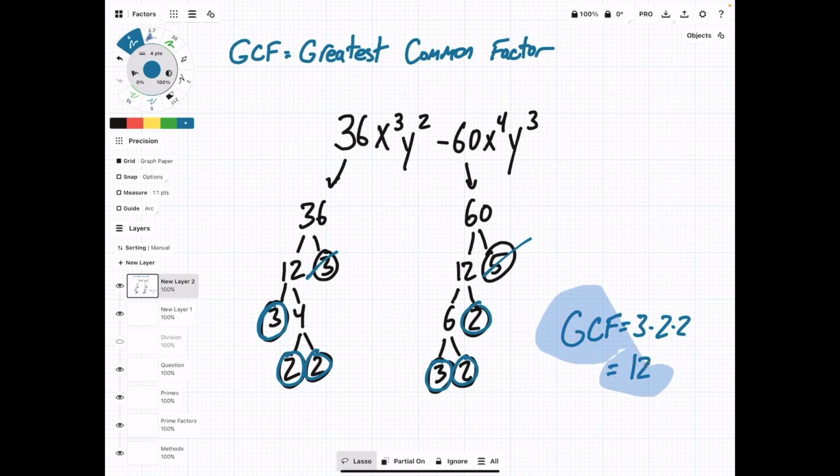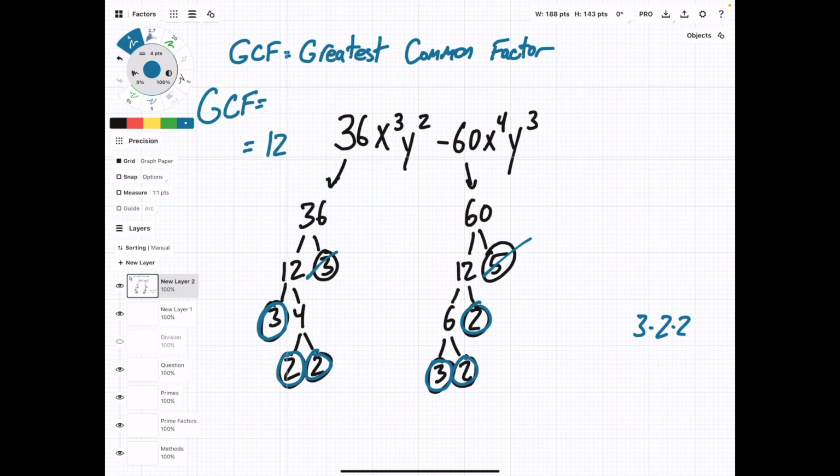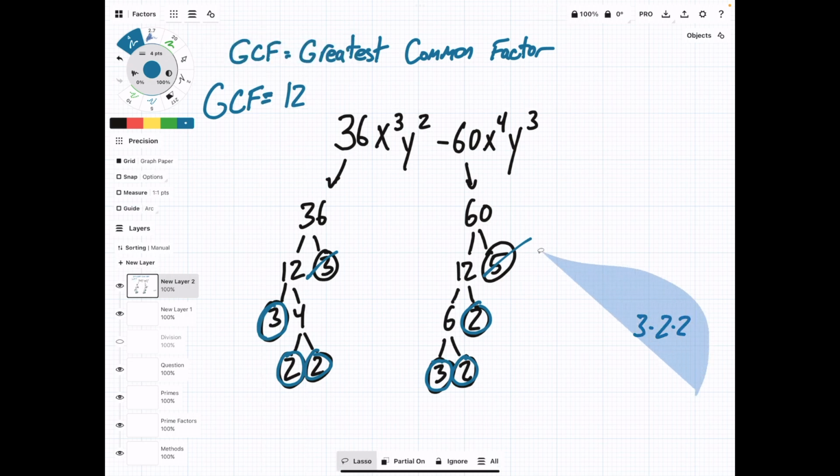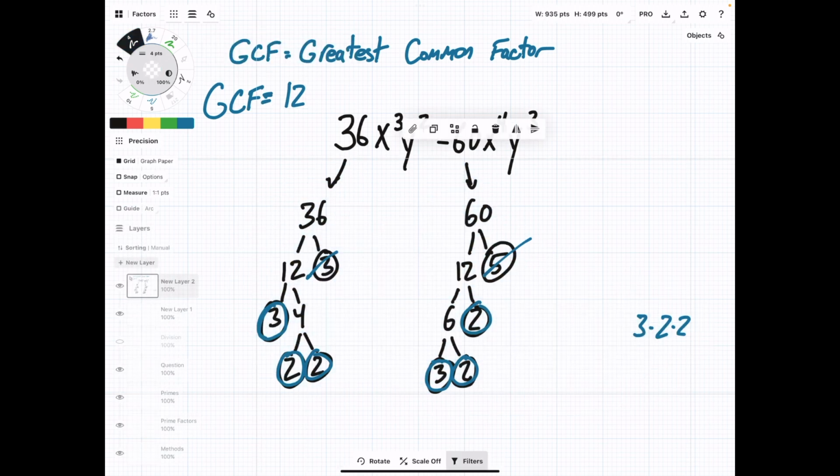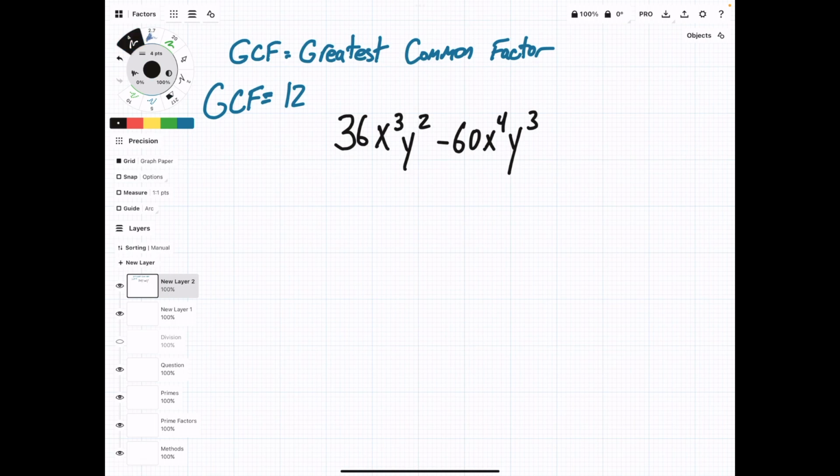Let's see if I can get just this. Okay, not perfect, but not terrible. So now what we're going to do is the same thing we did before. We're going to pull the GCF out front, and then we can rewrite this as x, x, x, y, y, minus 60, x, x, x, x, y, y, y.